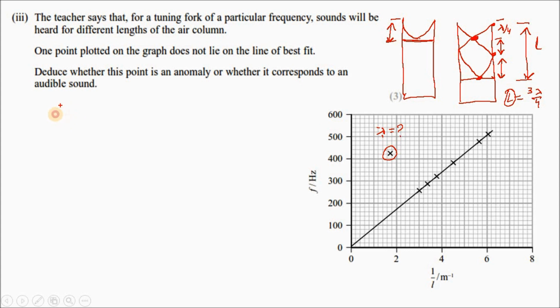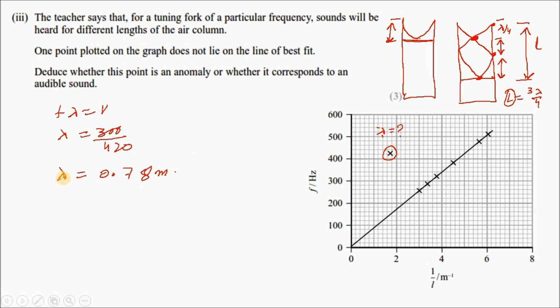So we know that f lambda is equal to v, and lambda is equal to 300 divided by f, and f is the frequency of that point, and this frequency I am going to take as 420, so lambda would be equal to 0.78 meter.